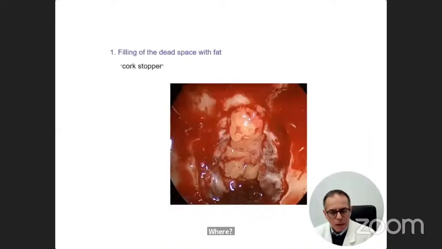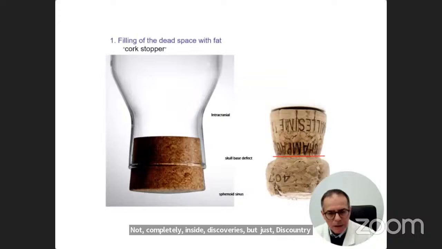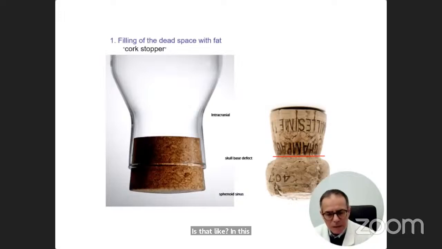So the way we use the fat is like a cork stopper, not completely inside the skull base, but just across the skull base defect, exactly like in this picture. Part inside, part outside the skull base defect, so that the fat can fill all the border of the skull base defect.